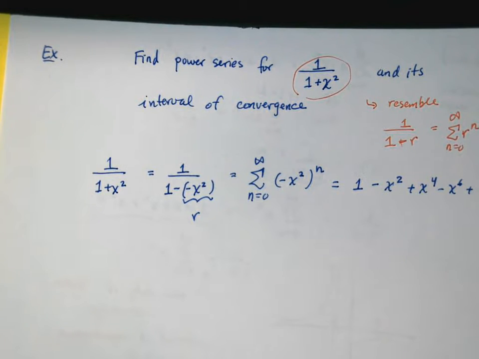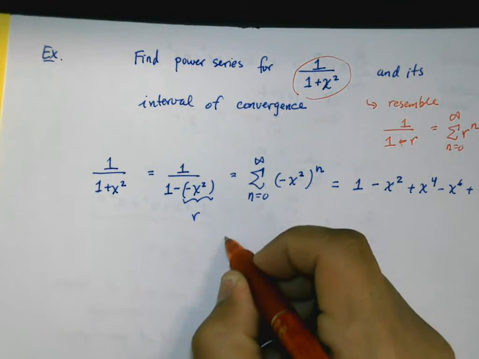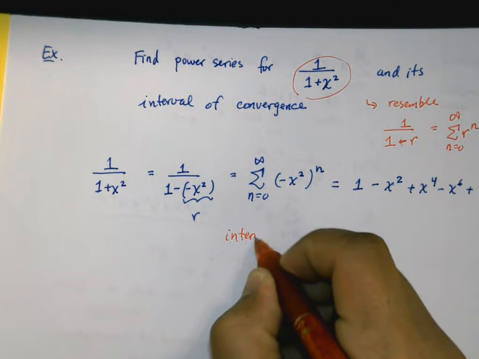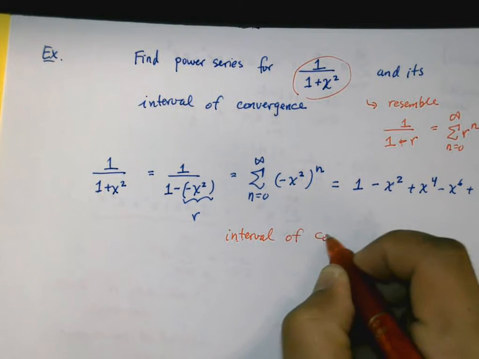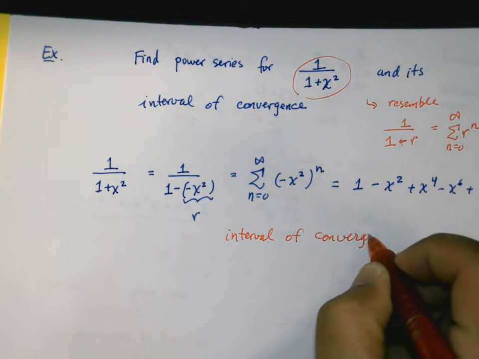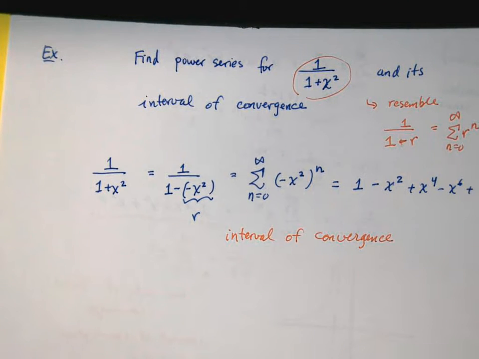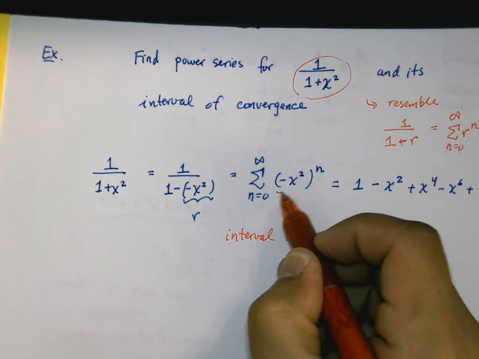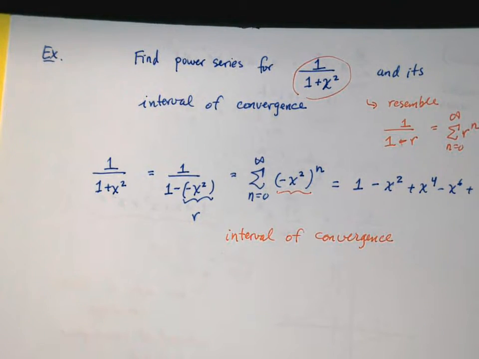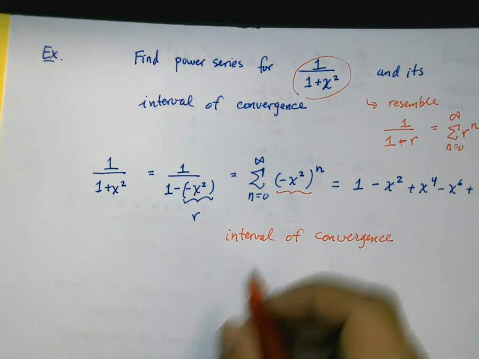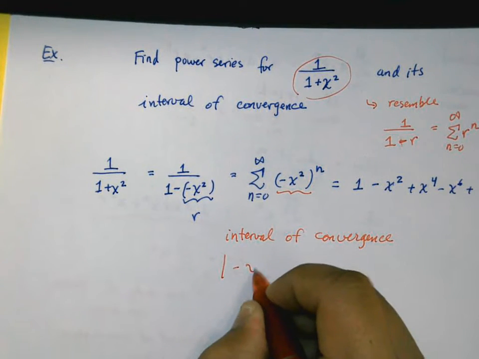And the interval of convergence is, again, not too difficult to find. The interval of convergence is really like asking when is it that this value here, that's r, is going to be less than or equal to 1 in absolute value.